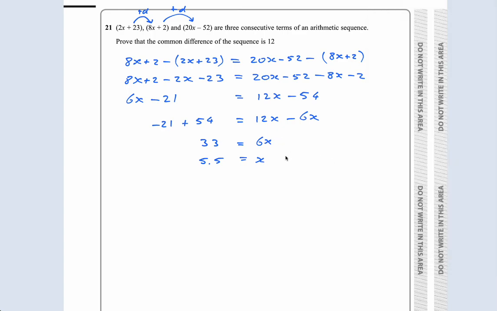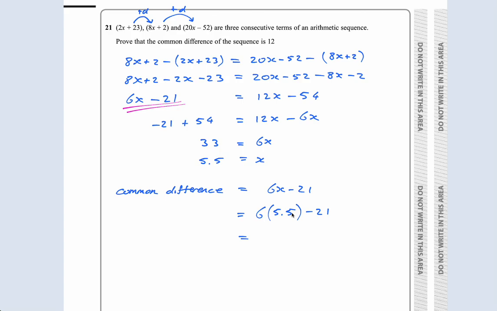Now, we're nearly there. The common difference equals 6x minus 21. We know that because it was the difference between this and this. This is our 6x minus 21. This is our common difference. It's also this. So you can actually sub it in. We're going to sub 5.5 in here, but you could actually sub 5.5 in there and you'll get it. Common difference equals 6 times 5.5 minus 21.